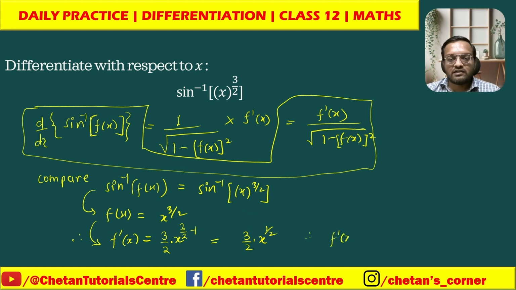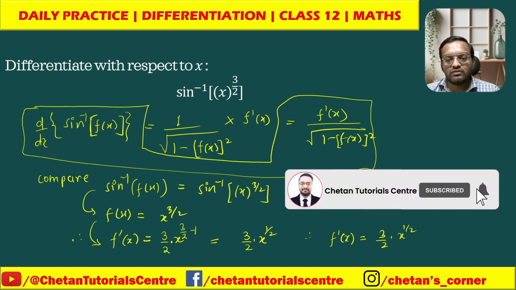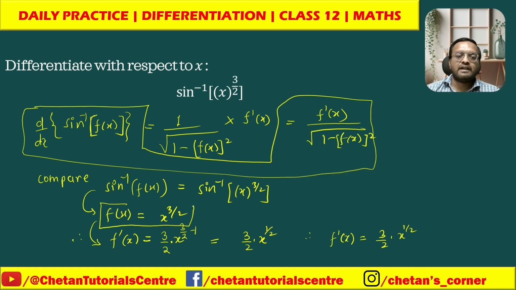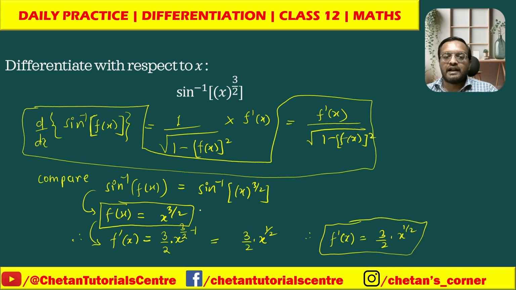Therefore, the value of f dash of x is equal to 3 by 2 into x raised to 1 by 2. So in this way, I have the value of f of x and value of f dash of x. Now I can put the value of f of x and f dash of x in the above formula.